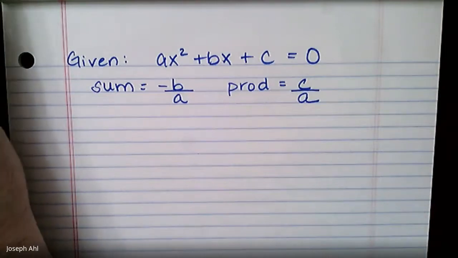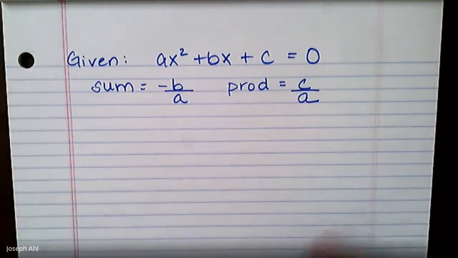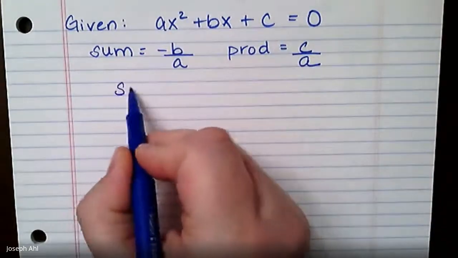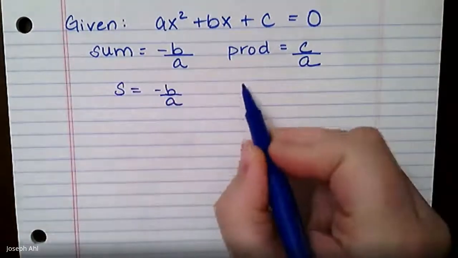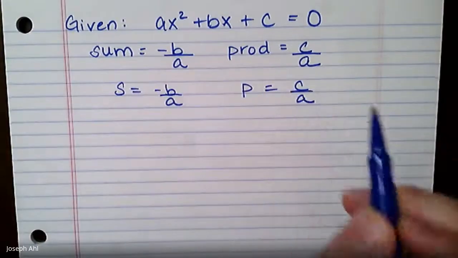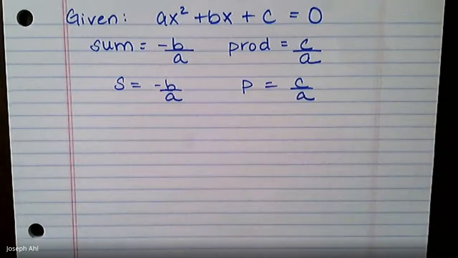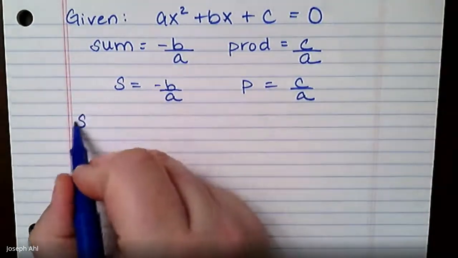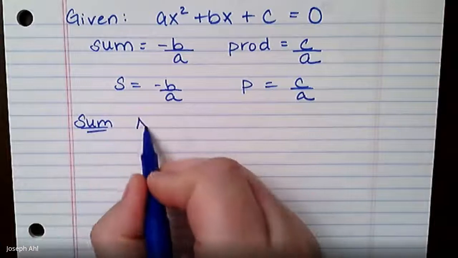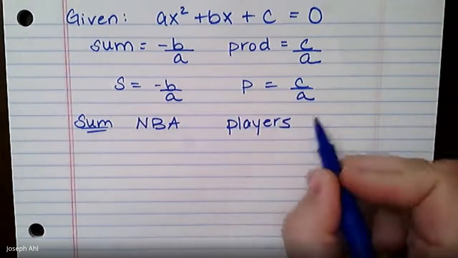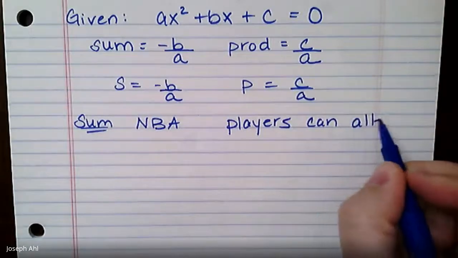And I know some of you will like this reference, if you're a basketball fan at all. But a good way to remember this is we have S equals negative B over A for sum, right? Product is C over A. And this is just something that I actually heard a long time ago, and some students like it. If you like it, go for it. But I'm going to say that some NBA players can alley-oop.